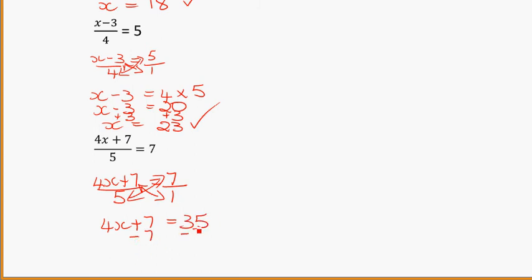Take 7 off both sides. 4x equals 28. And now I'm going to divide by 4. And we get x equals, that goes out, 28 divided by 4 is 7. Done. Fantastic.